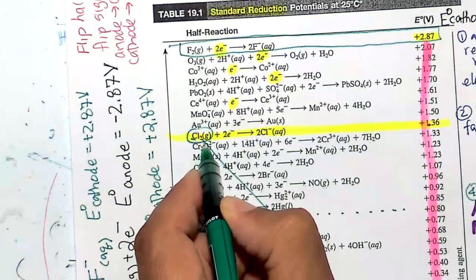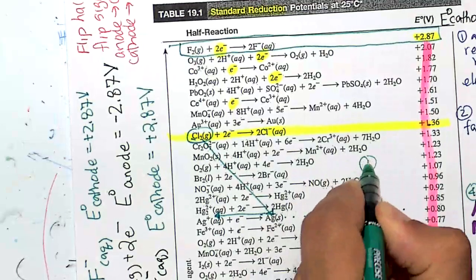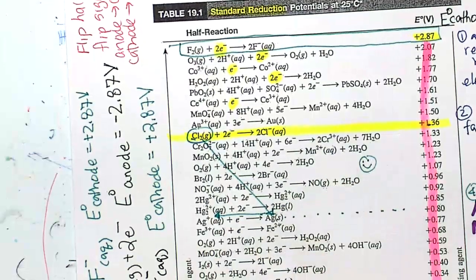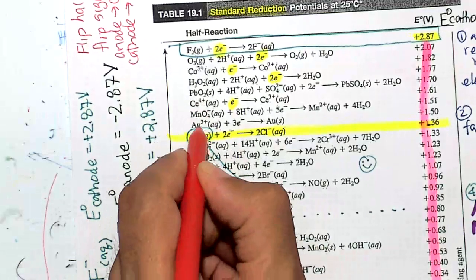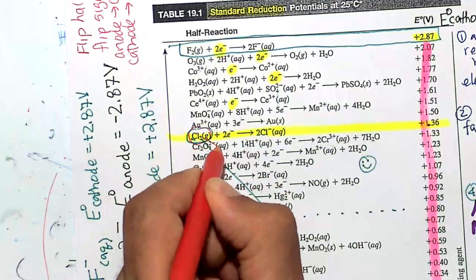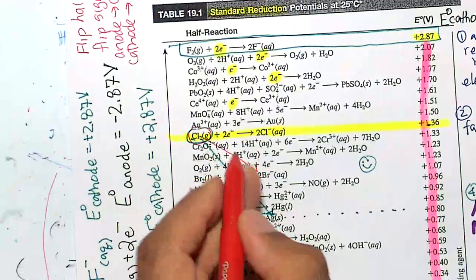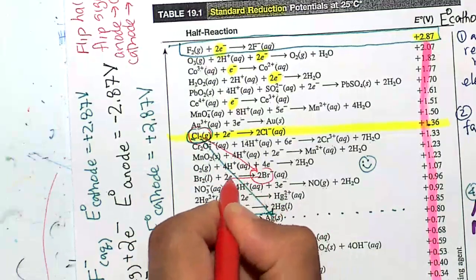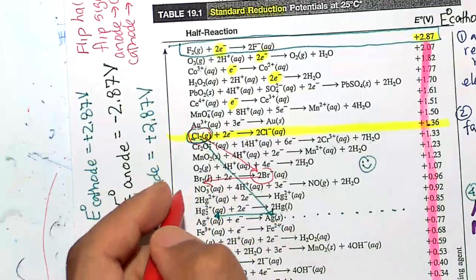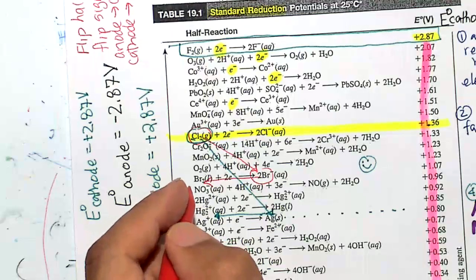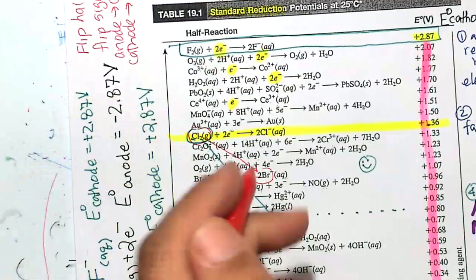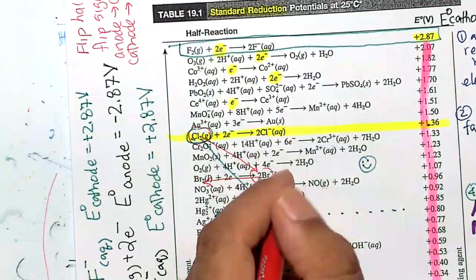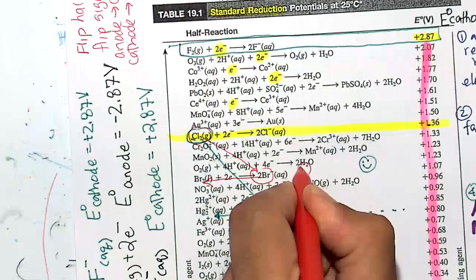Another example: can Cl2 oxidize Br minus to Br2 liquid? Can it? Yes or no? Can it flip the one beneath it? Yes, this can happen.